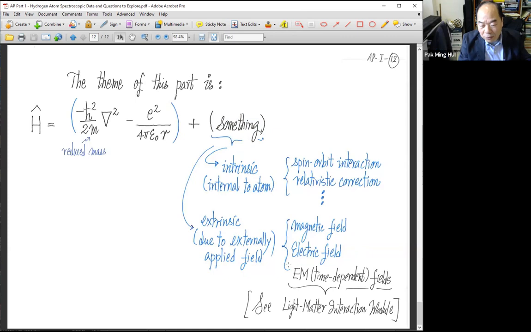Later on in the course, we will send in EM waves to let the atom absorb, or the atom will emit. That has to do with time-dependent perturbation. This term will be time-dependent. We need another new tool before we can get into it. We will do it in a module called light-matter interaction later.